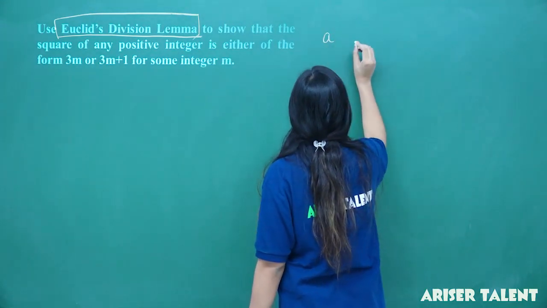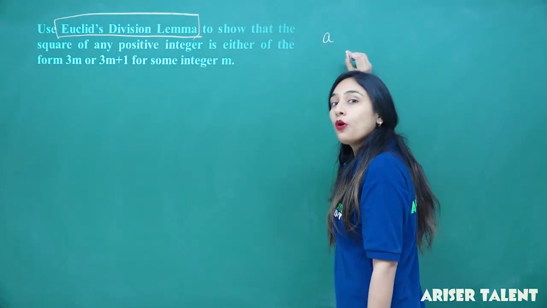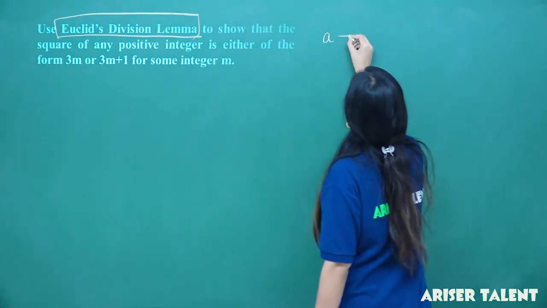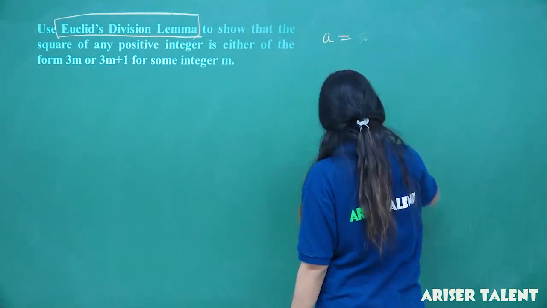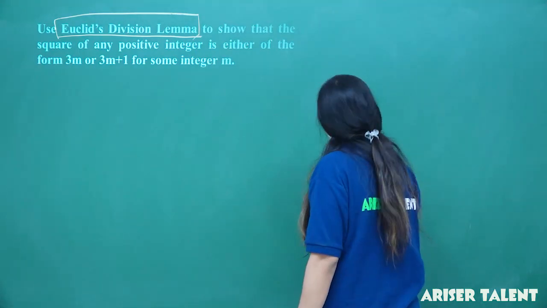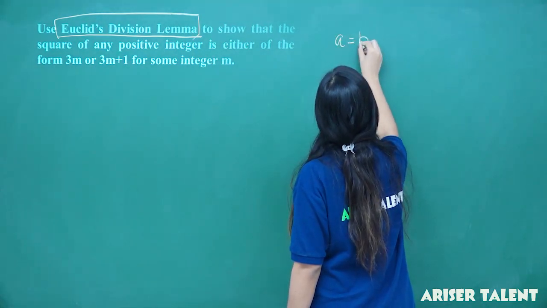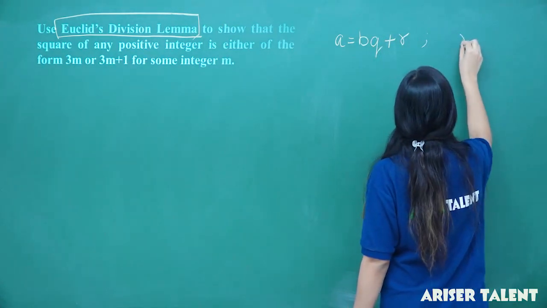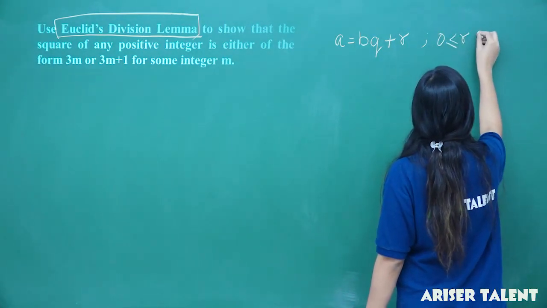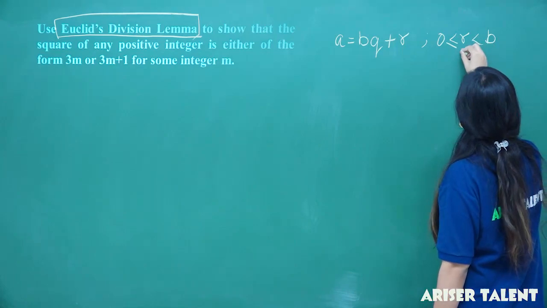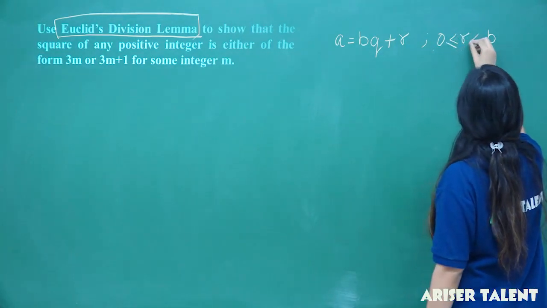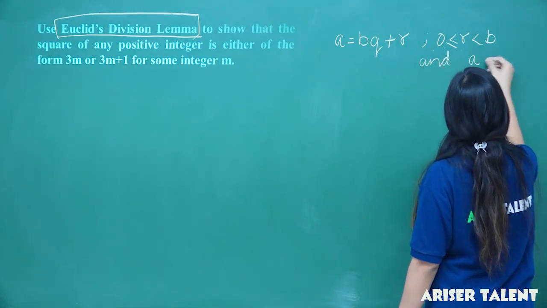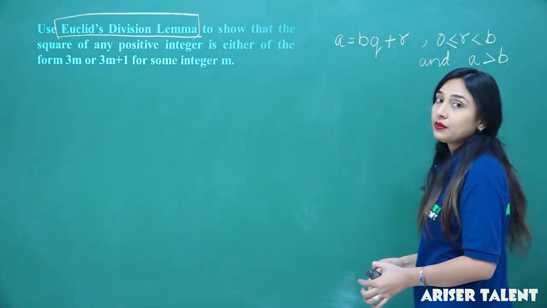If A and B are two positive integers, then A equals BQ plus R, where the value of R is less than B but equal to or greater than 0, and A was greater than B.